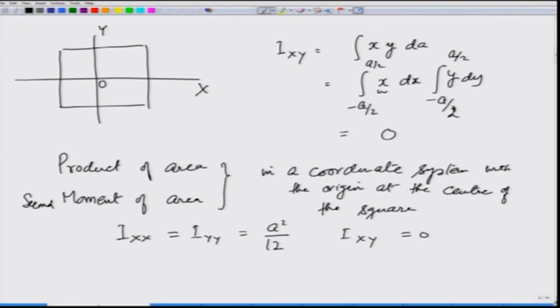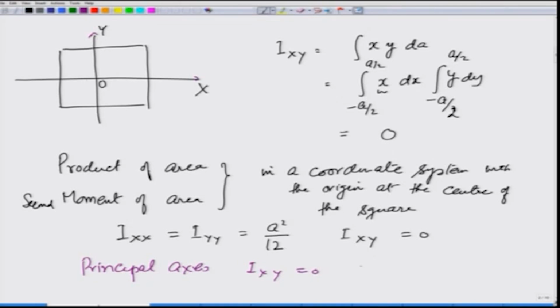Recall from the previous lectures that in the principal axes Ixy is 0, and therefore the axes shown here are the principal axes for this.